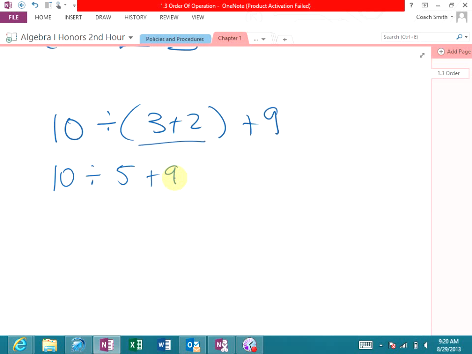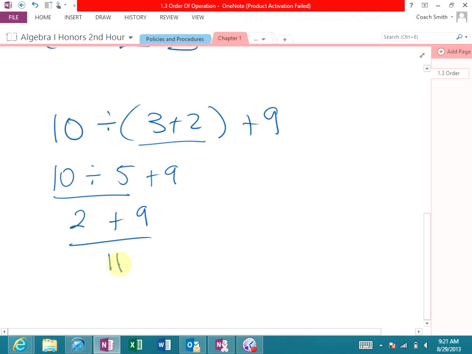Zach? So we're going to divide 5 into 10, which is right there on the left side, and that gives us what? 2. So that gives us 2 plus 9 as I rewrite the problem. 2 plus 9 is what, Brianna? 11. Good. So that's 11.